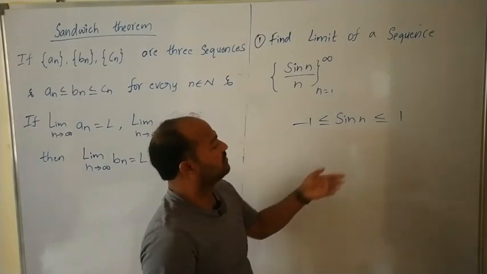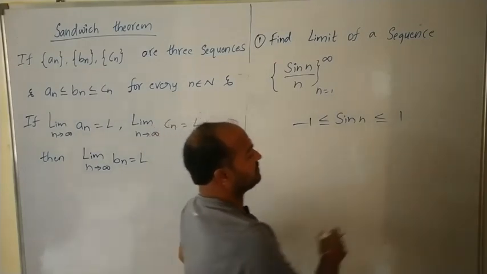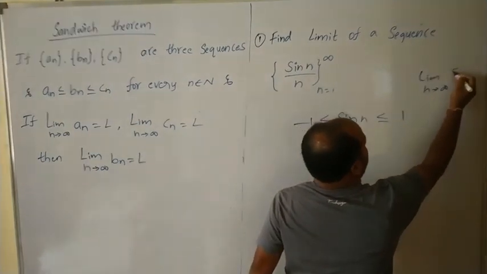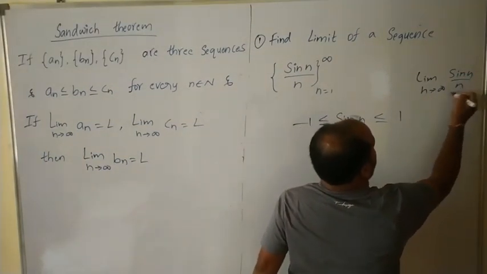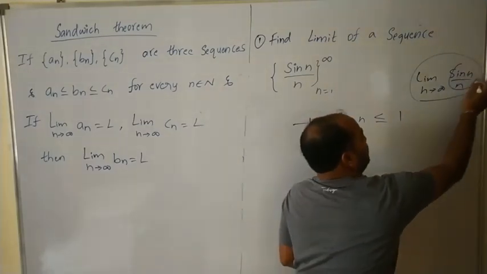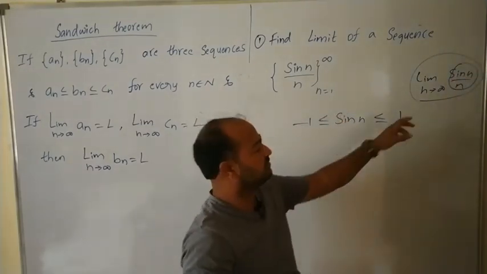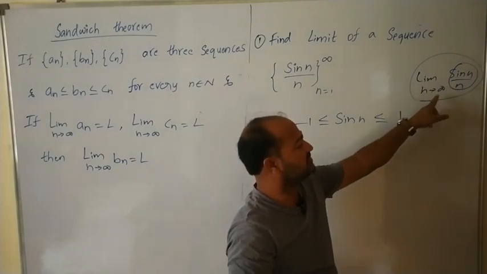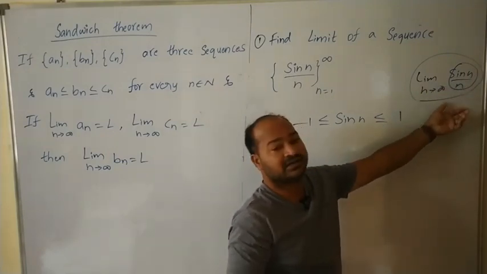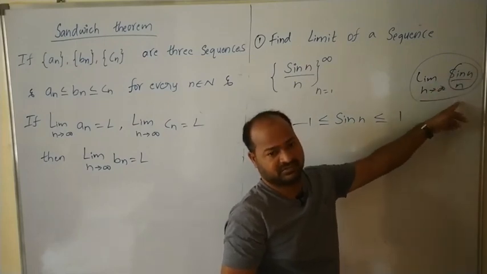So now we want to find limit n tends to infinity sin n by n. So we want to form sin n by n.